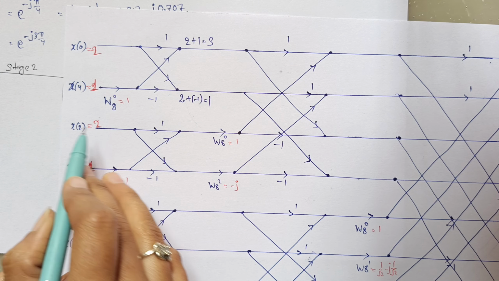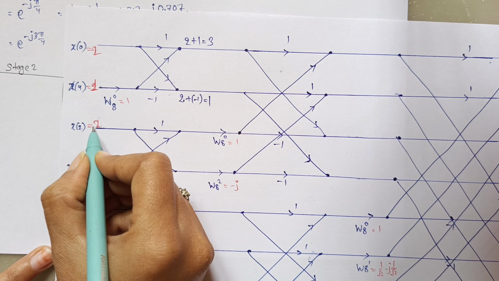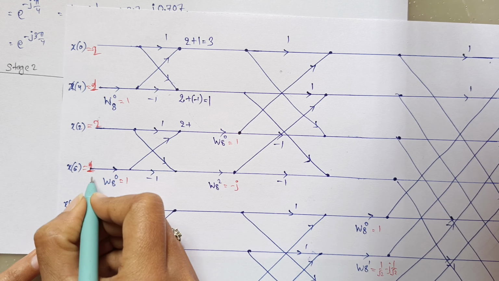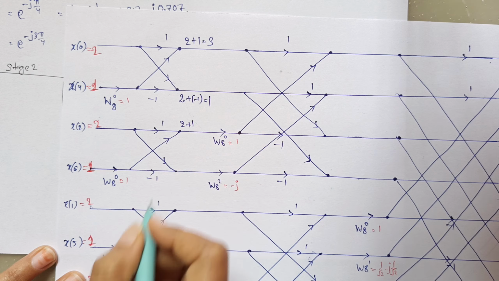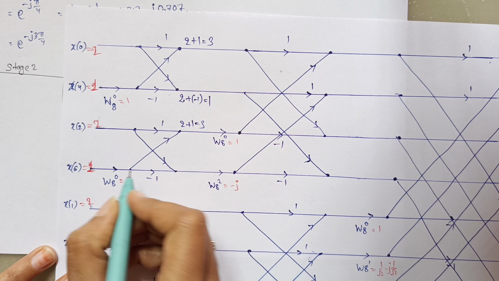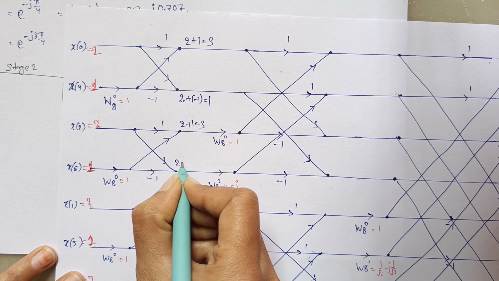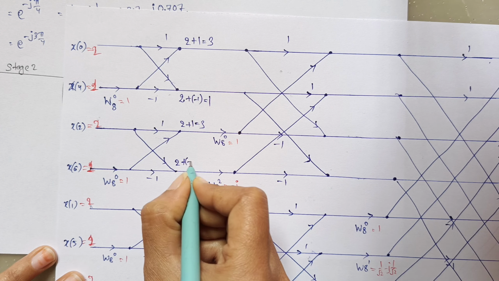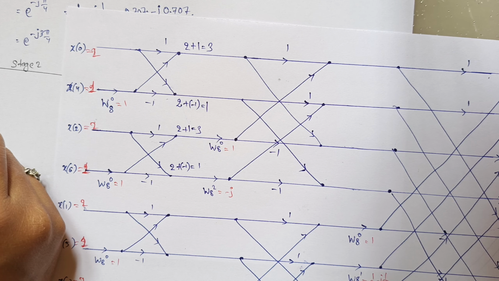Perfect. Now let's calculate for the second butterfly. Here 2 into 1 equal to 2, plus from the bottom it will come 1 into 1, so equal to 1. So it will be equal to 3. Now from here 2 and directly it will come 2 plus 1 into 1 into minus 1. So again it will be 1. So here again we have 3 and 1.